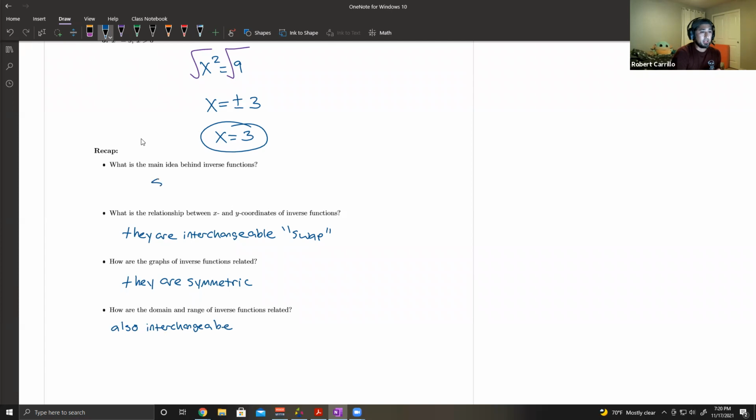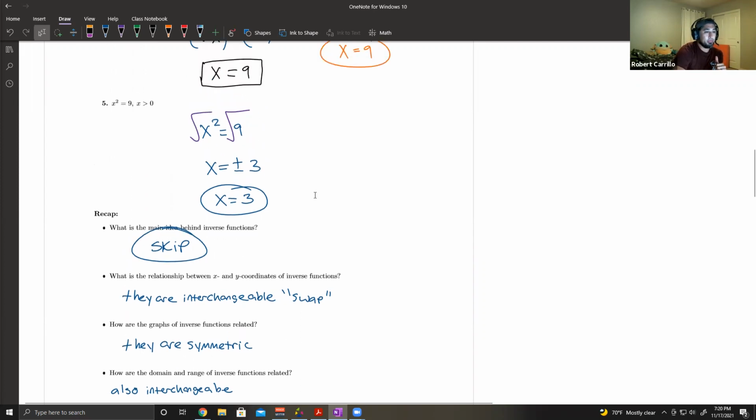Right here, I'm going to say skip. We'll think about this one later. Okay. So that's everything right now on inverse functions. So the main thing we look for is that the x and y values swap, the domain and range swap, and their graphs are symmetrical. Okay. Everybody good with this page?